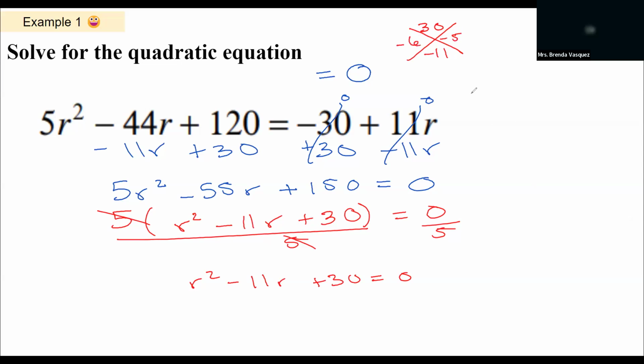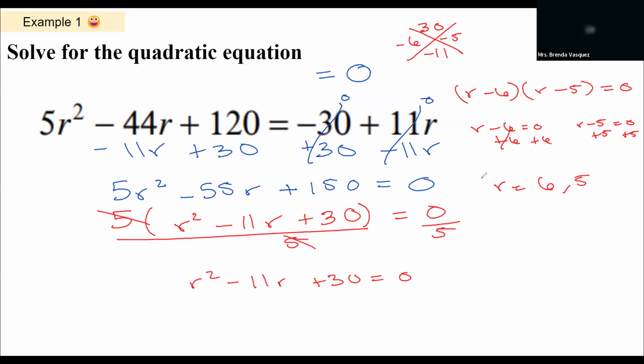So therefore we have r minus 6 and r minus 5 equals 0. r minus 6 equals 0 and r minus 5 equals 0. Inverse operations, add. We're left with r equals +6 and +5. Woo-hoo! How do we feel?